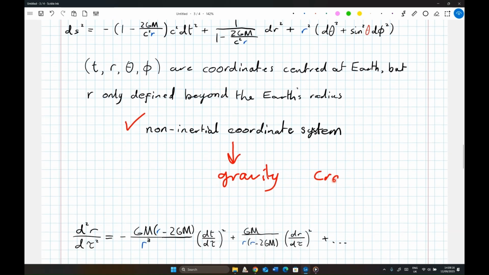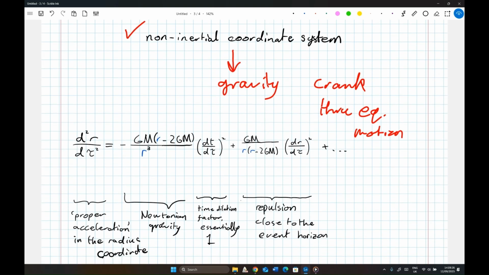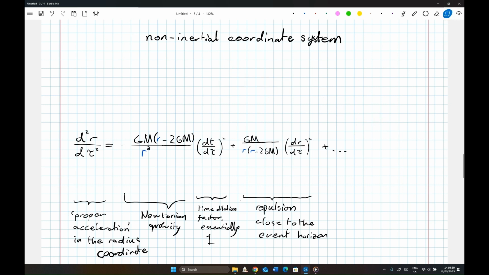We'll crank through the equations of motion, and what we see is that we have the proper acceleration, we have a Newtonian gravity, we have the time dilation factor, which is essentially one for non-interesting cases like things falling to the Earth.